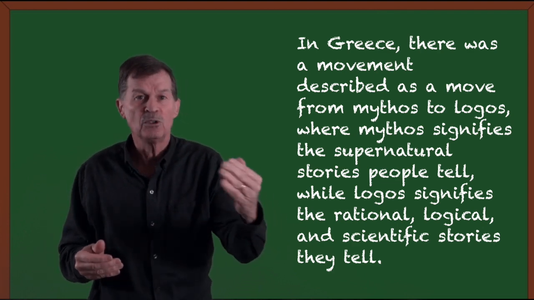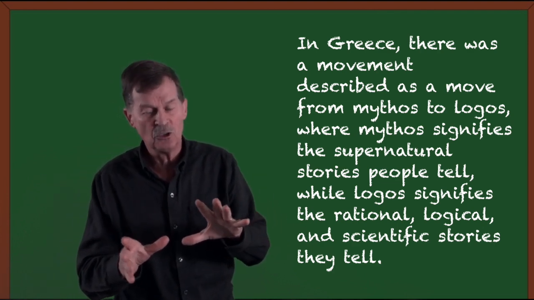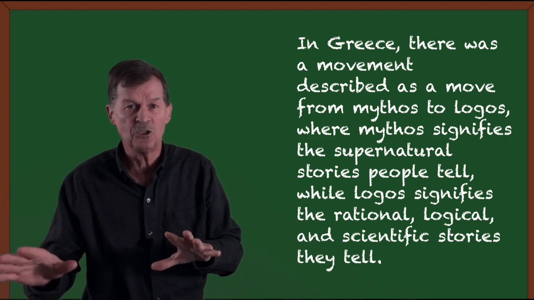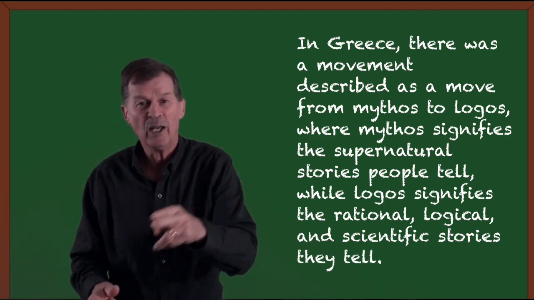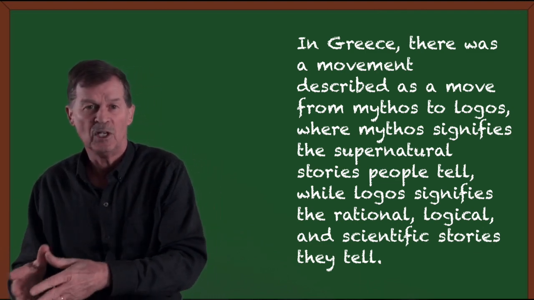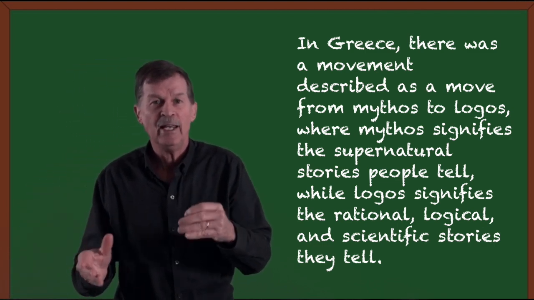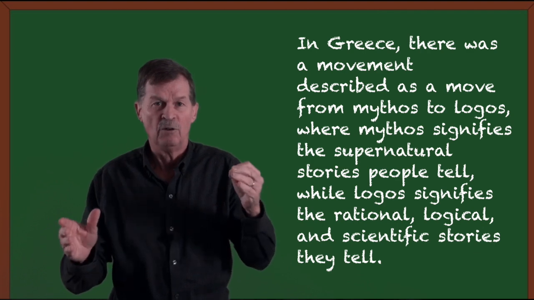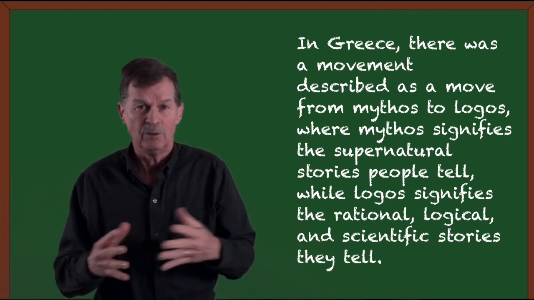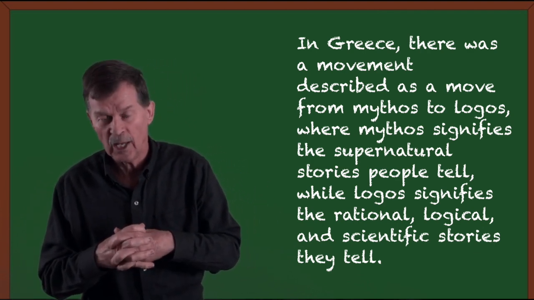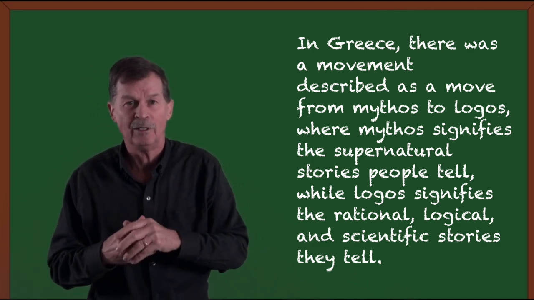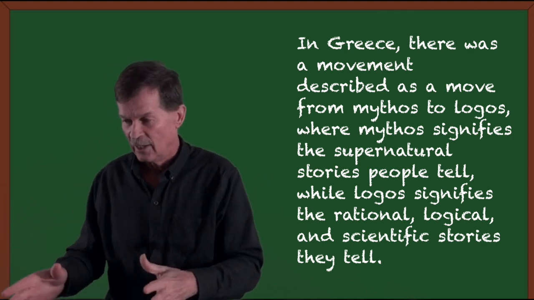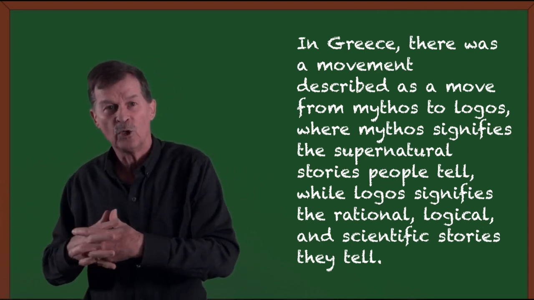Mythos, which is connected to intuition, to authority, to tradition, was relegated to a second-class option, not worthy of reliable knowledge. Why isn't it reliable? Well, it's because it talks about the supernatural, and it talks about things that are not acceptable within critical thinking.